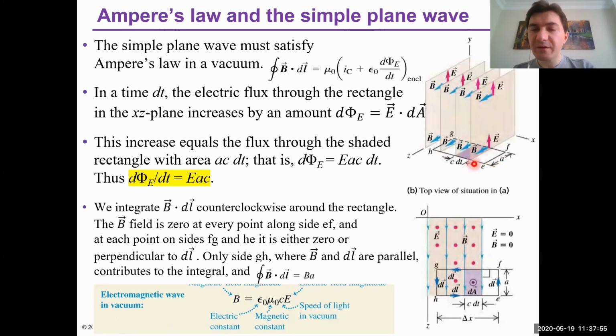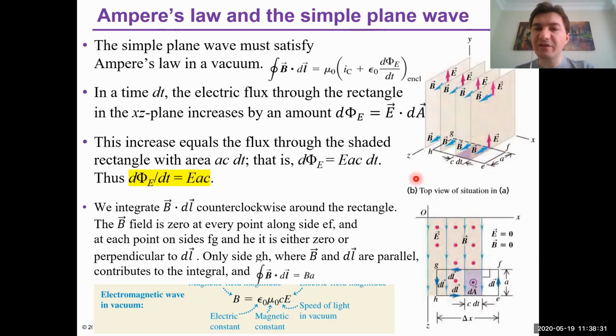Here I choose again a surface and a closed loop. We have the area given in violet color. This is c times dt, dx, the change along the x-axis. This is the velocity of the wavefront, this is dt, and here we have A again.